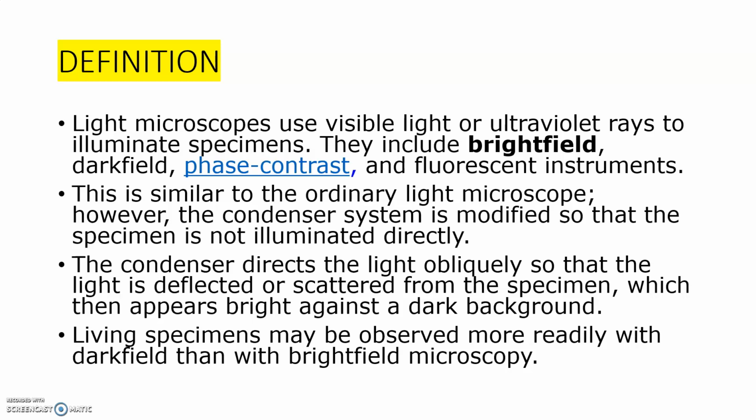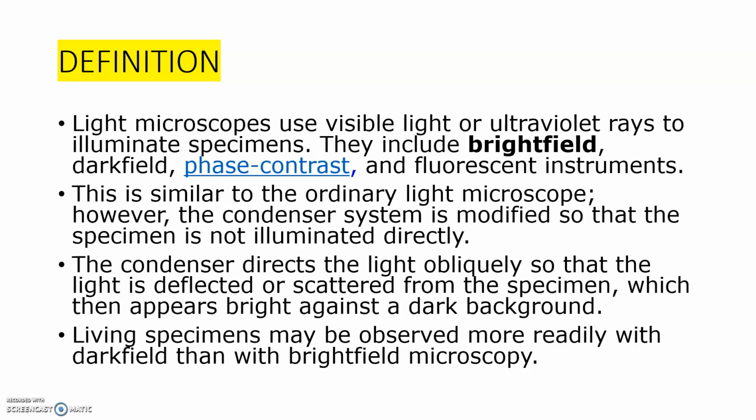This is similar to an ordinary light microscope. However, the condenser system is modified so that the specimen is not illuminated directly. In dark field microscopy, the condenser directs the light obliquely, not straight, so that the light is deflected or scattered from the specimen.